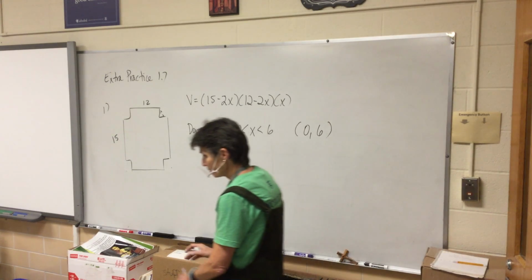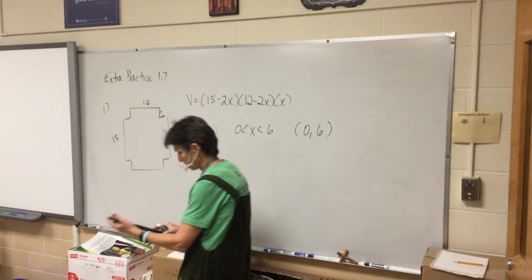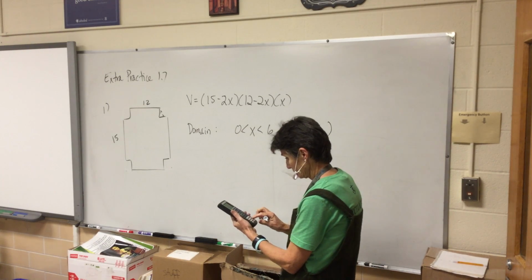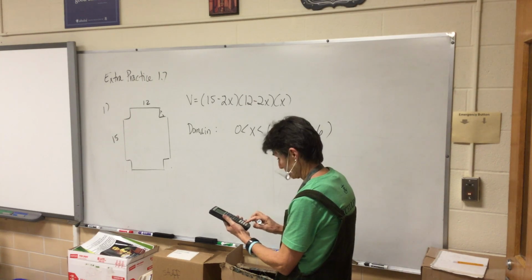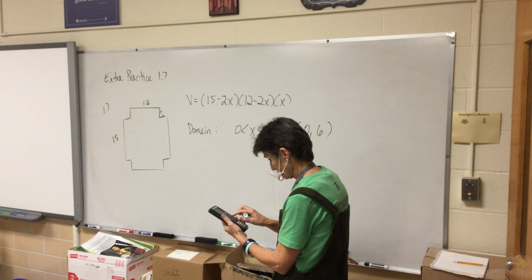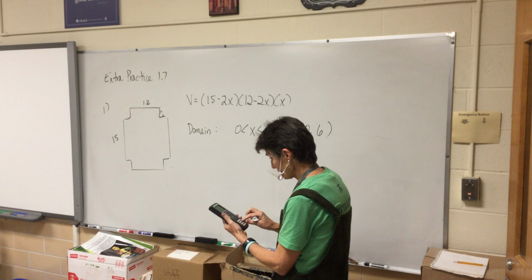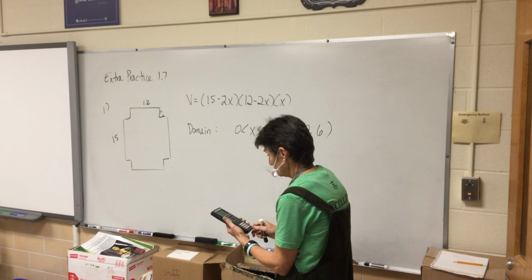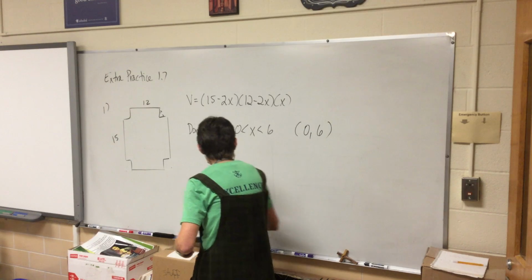All right, so let's go ahead and put that in our calculator and graph it. Make sure you make whatever window adjustments are necessary. Okay, you see a hill?